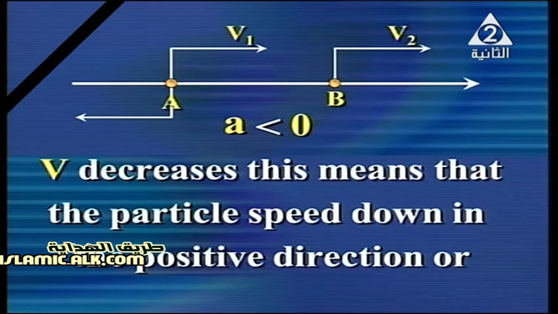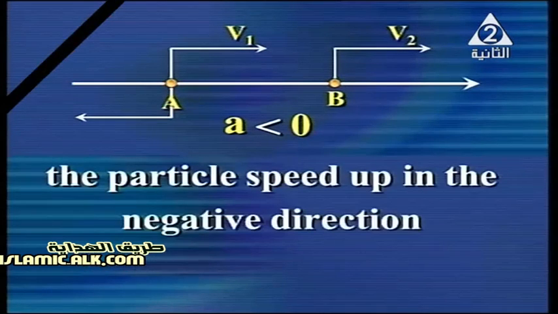The particle speeds down in the positive direction, or the particle speeds up in the negative direction. A smaller than 0 means the particle speeds up in the negative direction. Look, when A is more than 0, the particle speeds up in the positive direction.